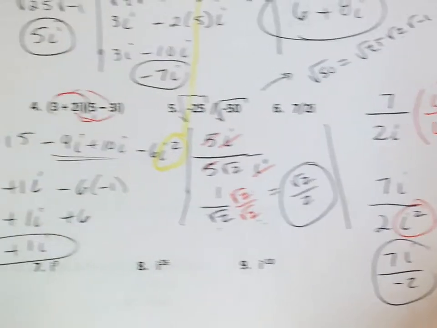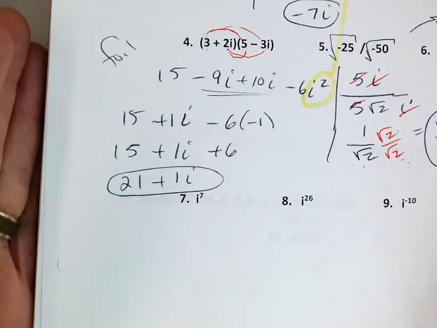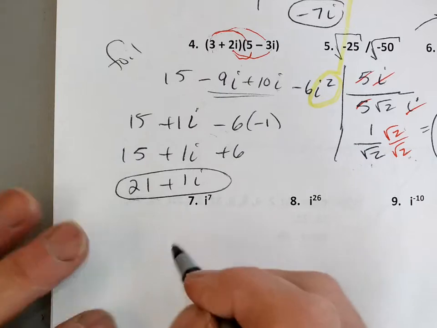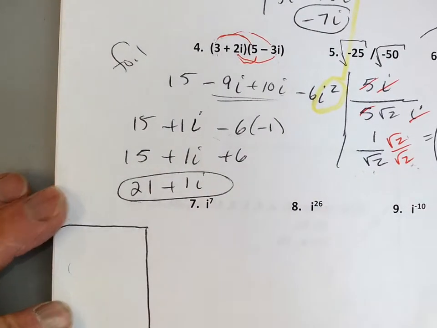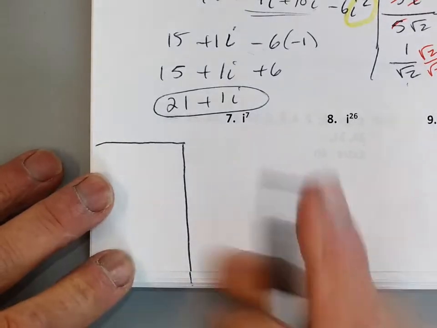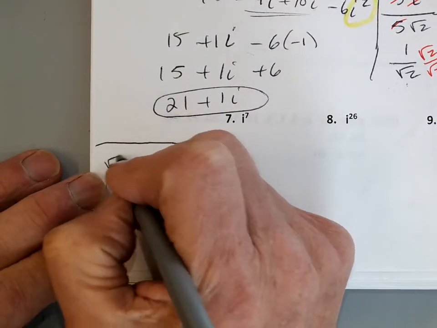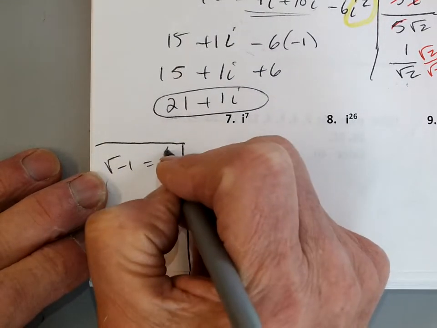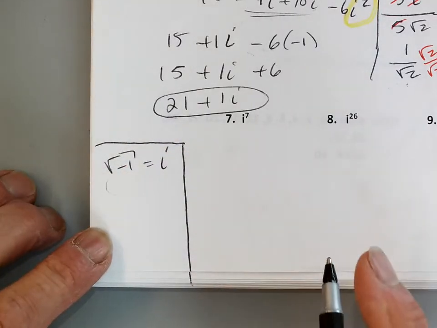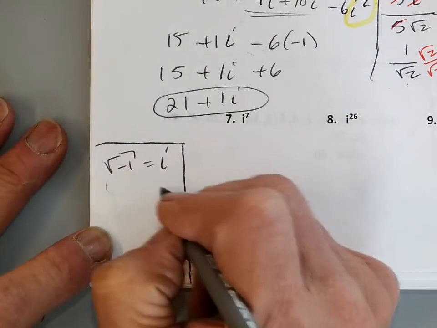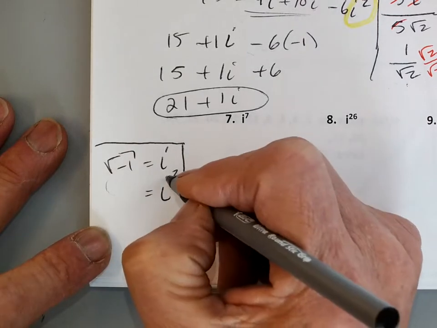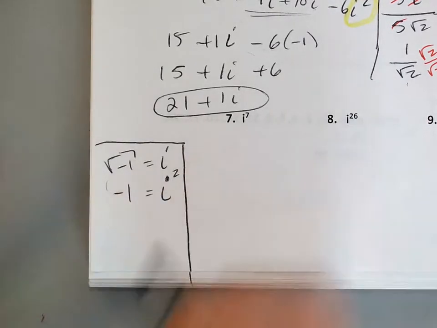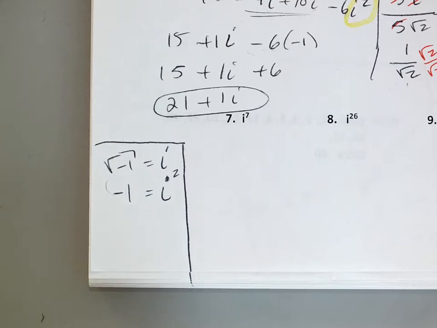All right. i to the 7th. So I want you to write a couple of things down. Right here, a little side work. So we know that i, the square root of negative 1, is i, right? We know that. We also learned that i squared is the same thing as negative 1, right? I showed you how, okay?